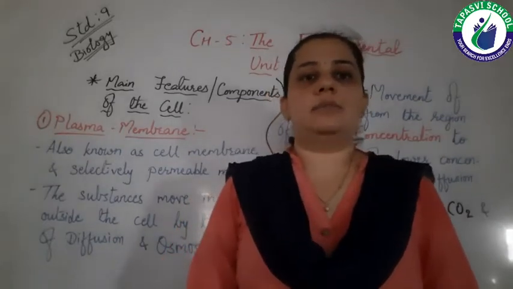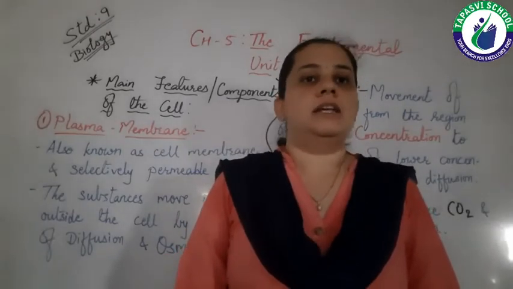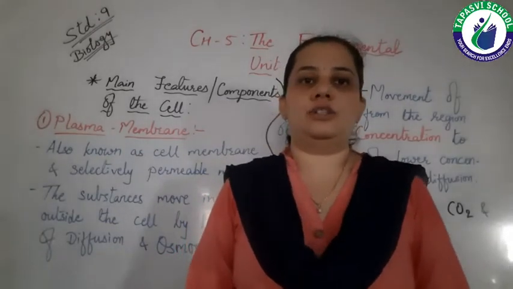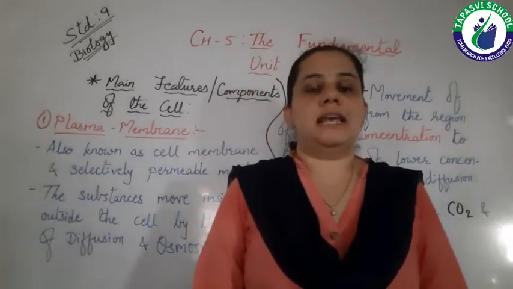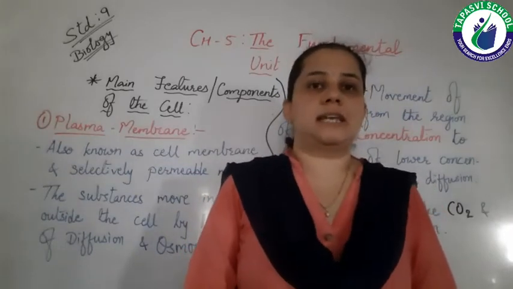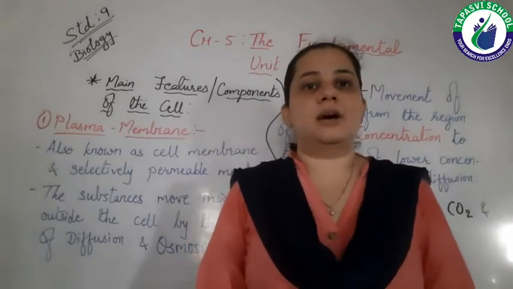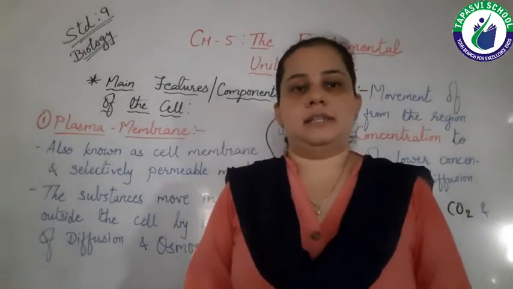Then we studied about the contributions of various scientists in the field of cell biology. Then I told you that a cell has many components, and these components are known as cell organelles.